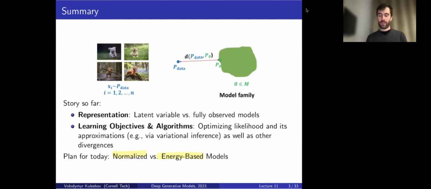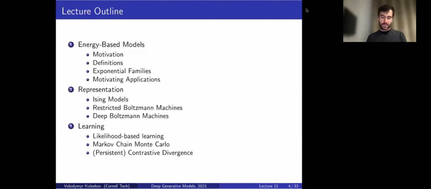Okay, so the plan for this lecture is to first define what energy models are, and then give you a few examples of these models. I'm going to show you ways of representing probabilities using the energy-based framework. Then the last half of the lecture will look at learning algorithms for these models.